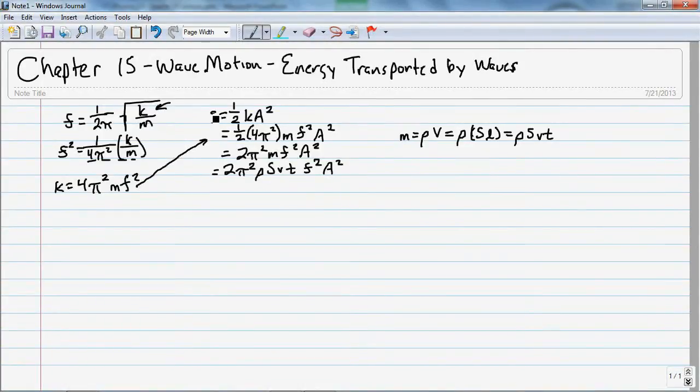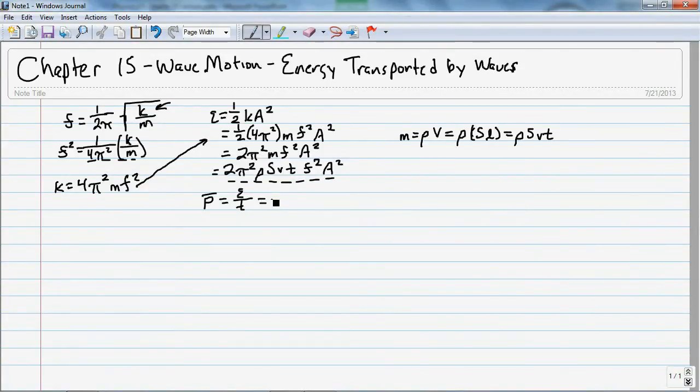So this is the amount of energy that's being transmitted or transported with a wave. If I want to find the average power, that's just energy divided by time, and I have the time here that I can take out.